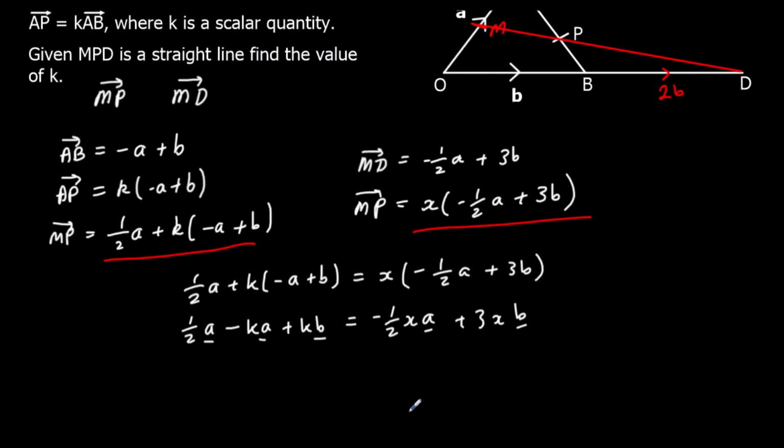So this still looks complicated, but because we've got A's and B's, the A's must be equal and the B's must be equal. So we can split this off into two separate equations. We can do one equation for A's.